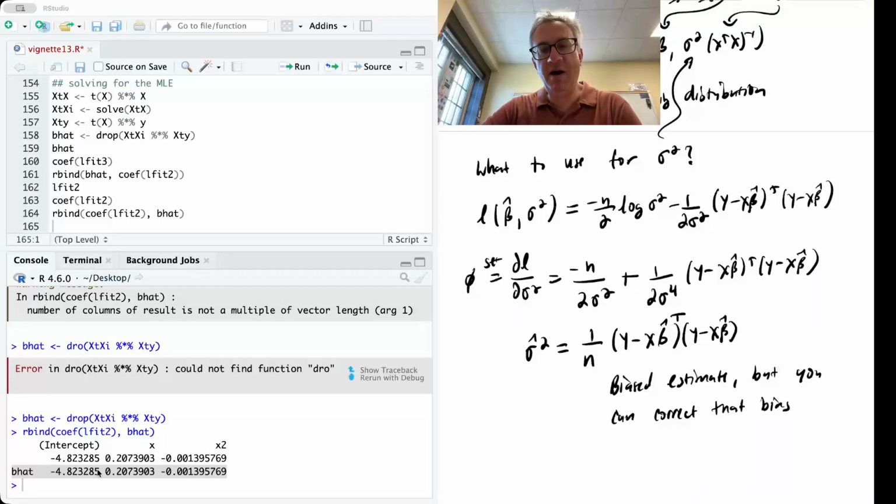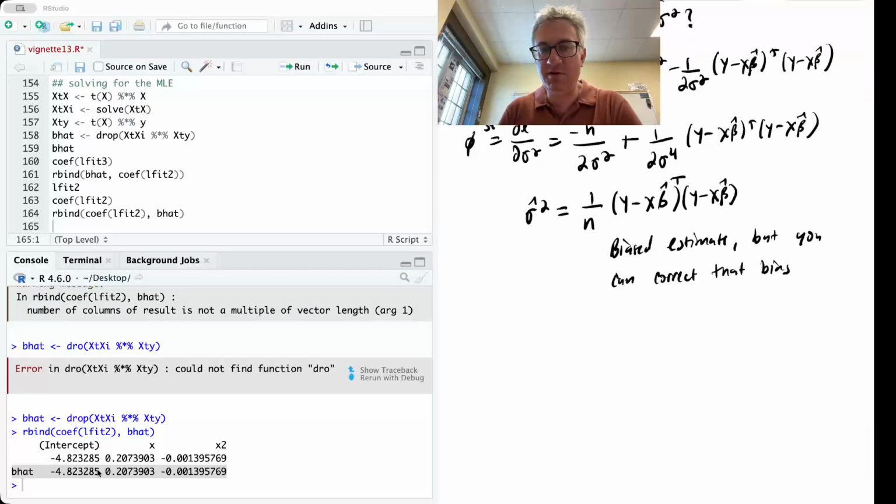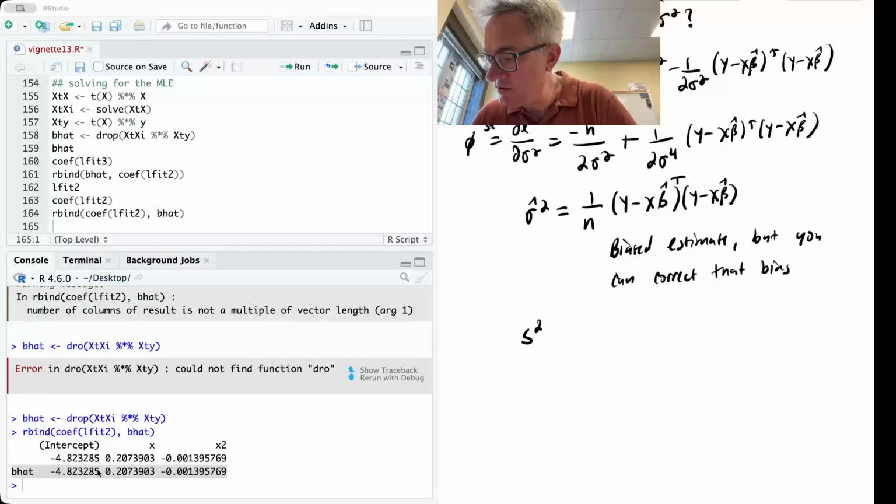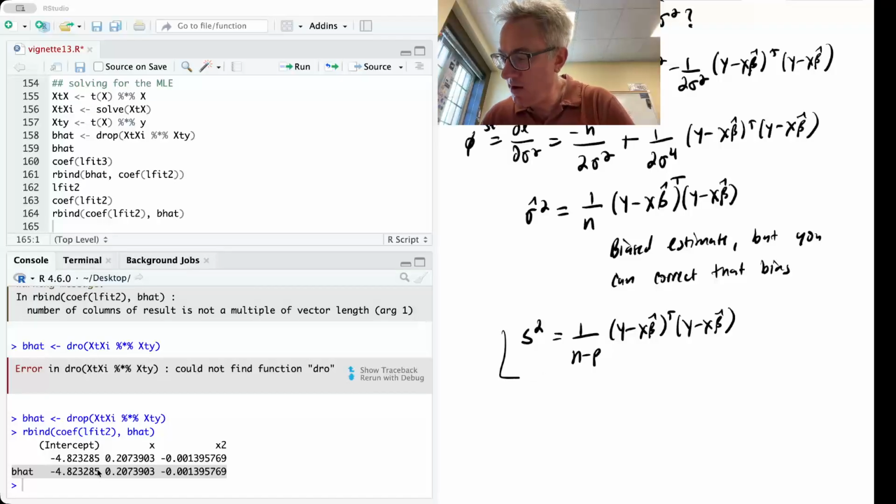If you divide by a number smaller than n, that corrects for the degrees of freedom lost in estimating p beta parameters, d slopes and 1 intercept. So people prefer to use s squared, which is 1 over n minus p times y minus x beta hat transpose y minus x beta hat. So I'll draw a box around that one as our estimate.